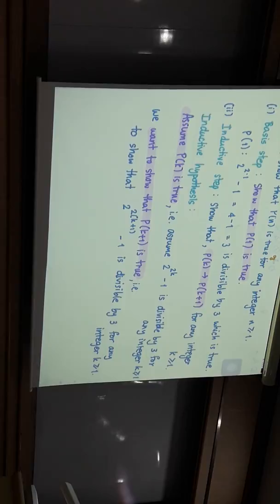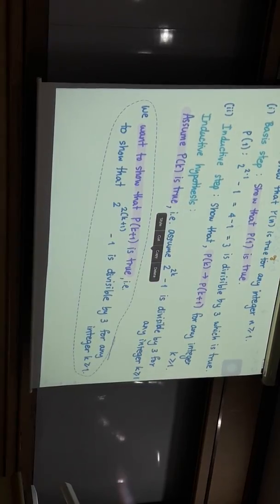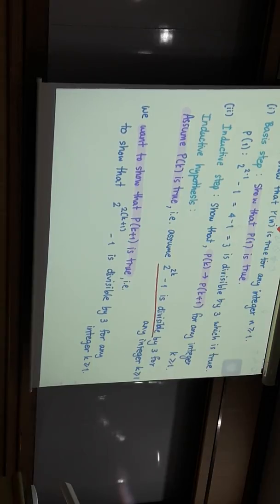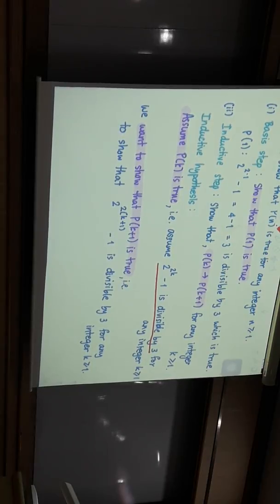Okay. So now we're going to start to prove. But before we do that, this information is divisible by 3. What does it mean?